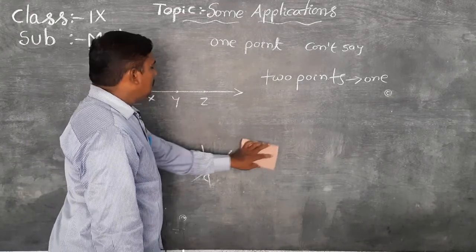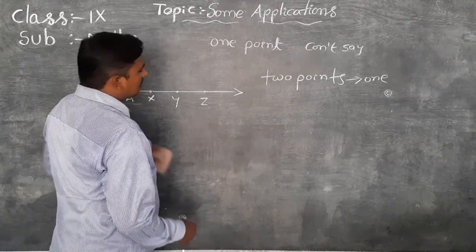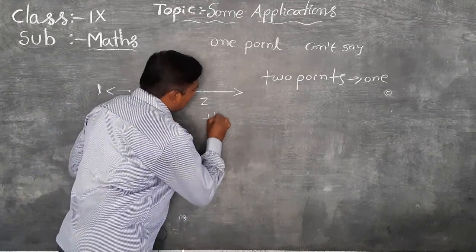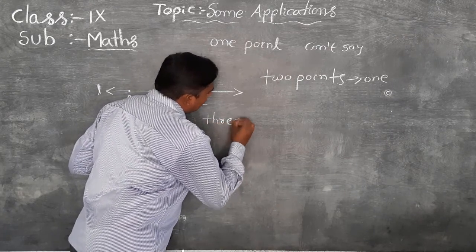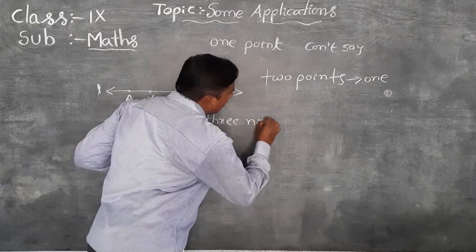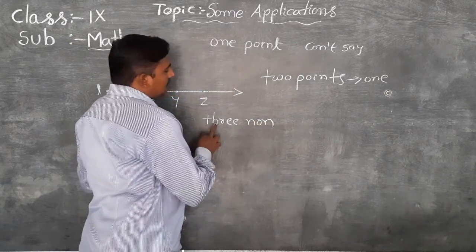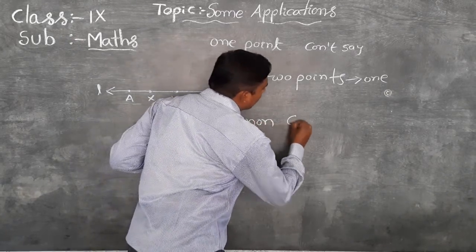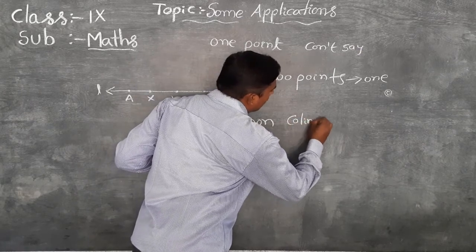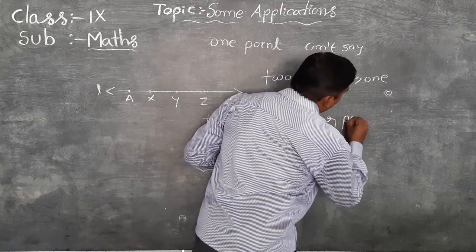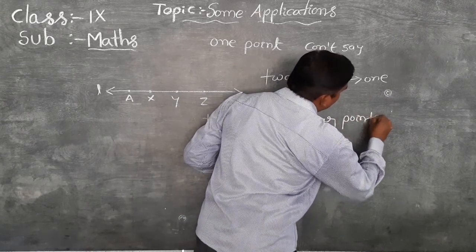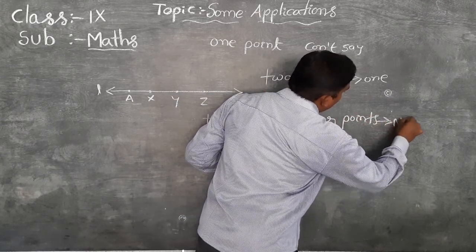So through 3 non-collinear points, a line is not possible.